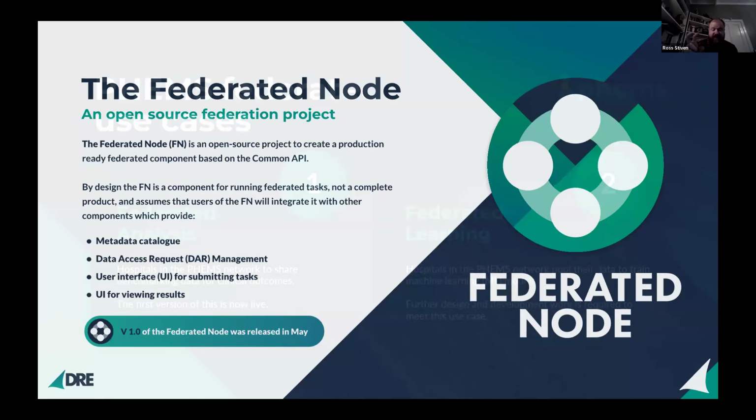So it is simply the engine that will let you run your federated tasks. We assume that anyone who wants to deploy it has their own ecosystem that they can integrate it with. So we assume that you will already have things like bar requests or UIs for submitting tasks and returning results and things like that. It's an open source project, as was the common API.